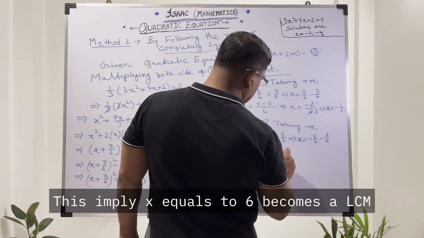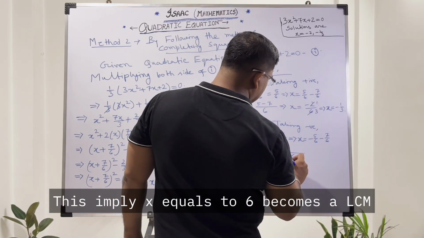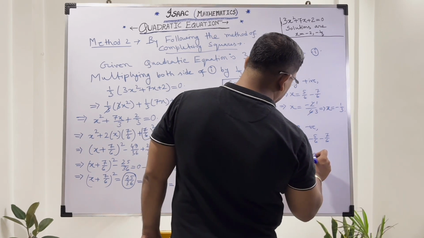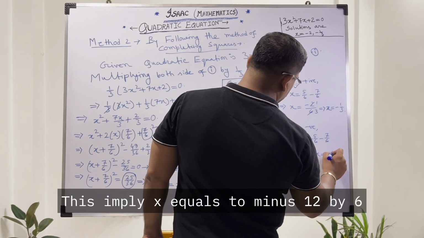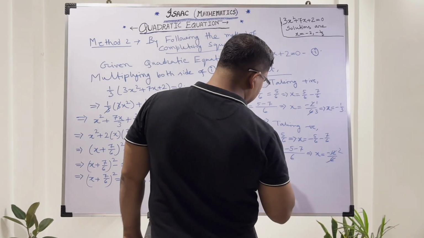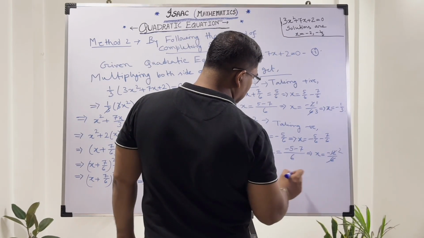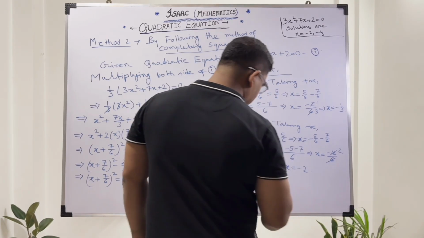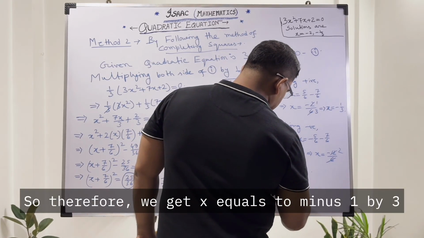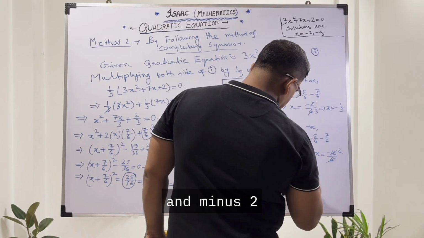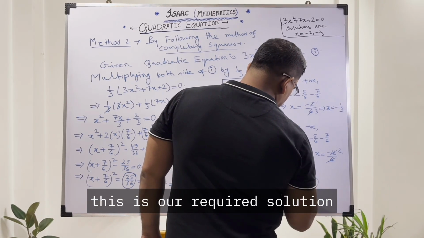This implies x equals, 6 becomes the LCM and in the numerator minus 5 minus 7. This implies x equals minus 12/6. Six twos are twelve. This implies x equals minus 2. So therefore we get x equals minus 1/3 and minus 2. This is our required solution.